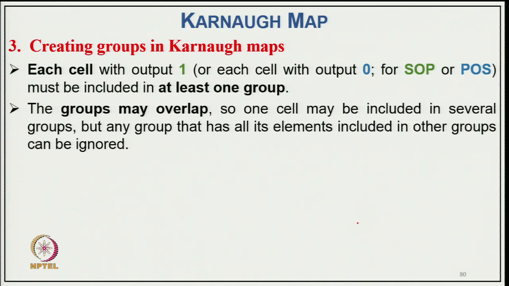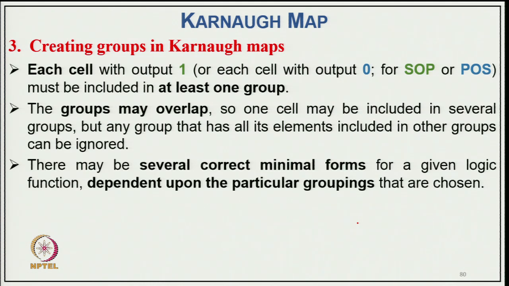So, one cell may be included in several groups, but any group that has all its elements included in another group can be ignored. There may be several correct minimal forms for a given logic function, depending upon the particular groupings chosen, meaning there can be many solutions for one problem.